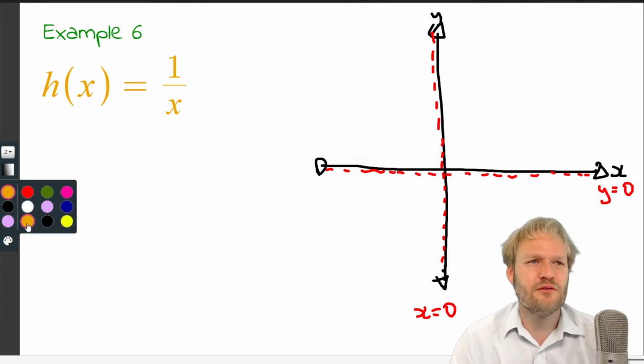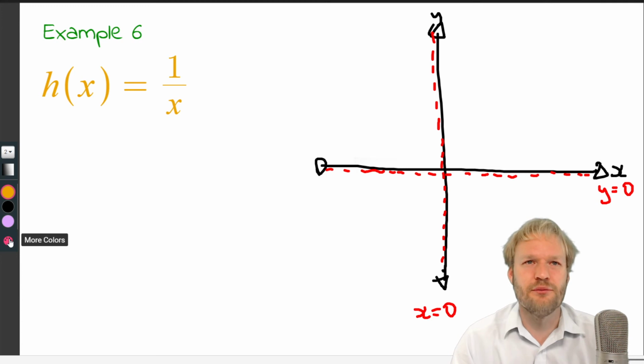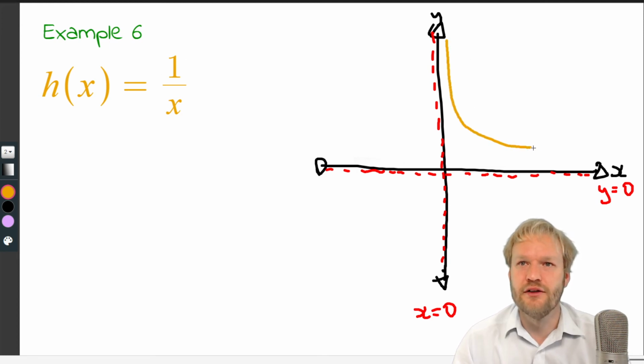And one thing we should know about hyperbolas is that this shape here, because this is a positive a value, is going to be in the first and in the third quadrants.